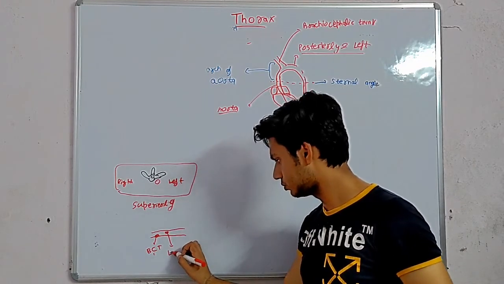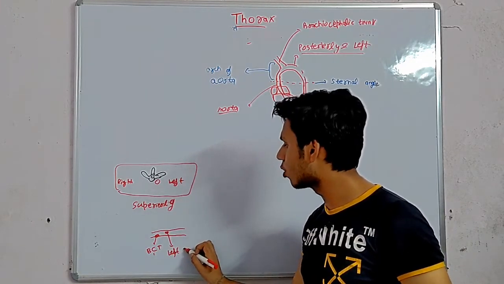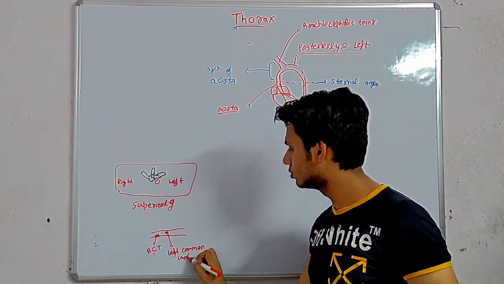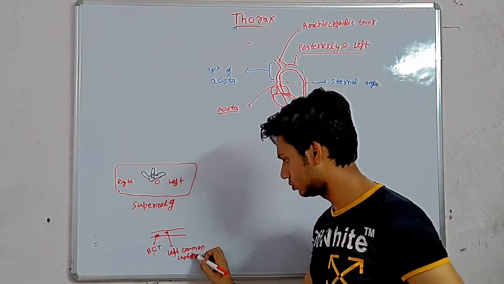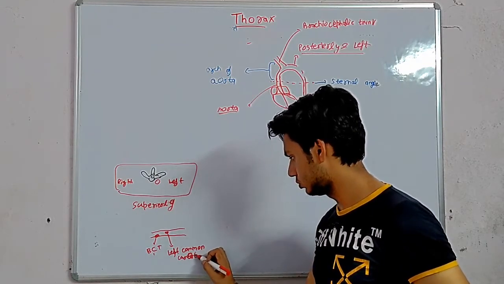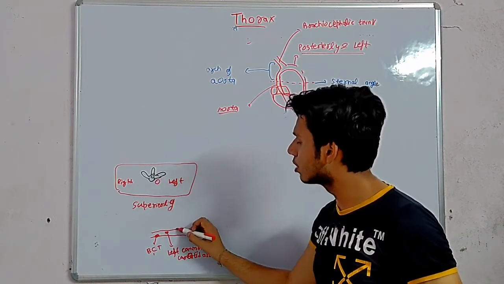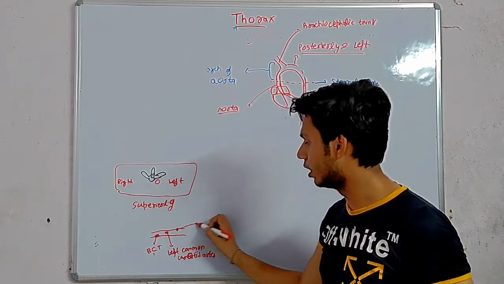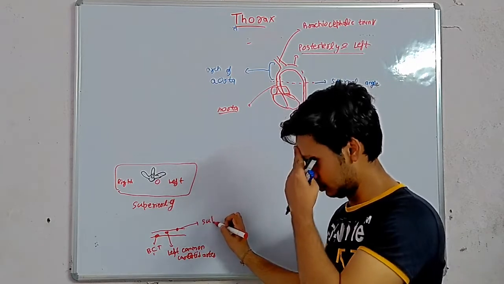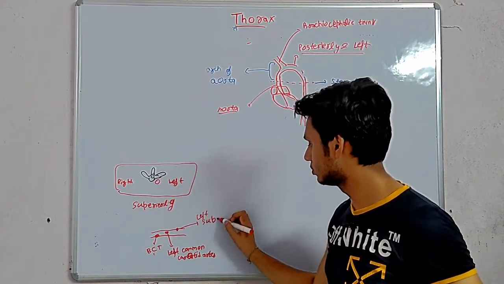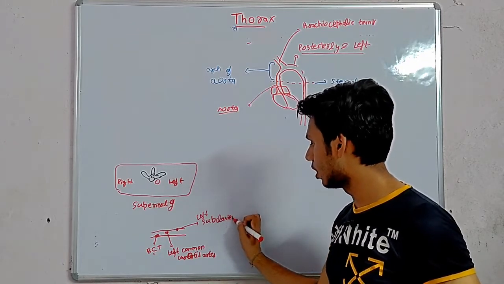Just posterior to it is the left common carotid artery, and more posteriorly arises the left subclavian artery.